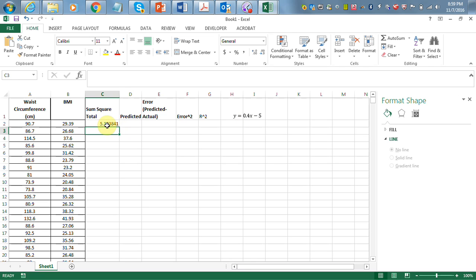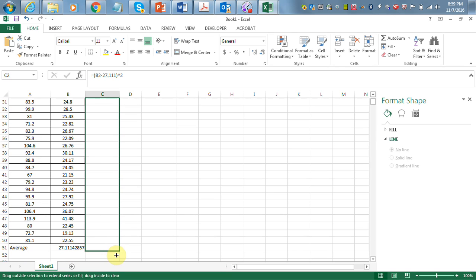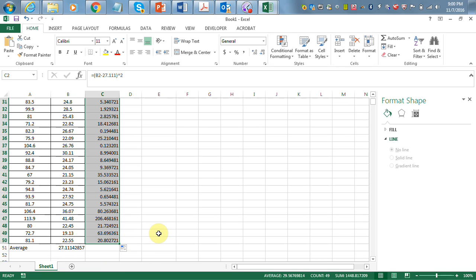Now I have this for the first subject here in the CDC study, but I'm going to drag it down, and now I have my distance away from the mean for every single one of them. For example, in this particular subject, you can see that the summary statistic of average was not a good summary of the data because this is very large in comparison with all the other ones.